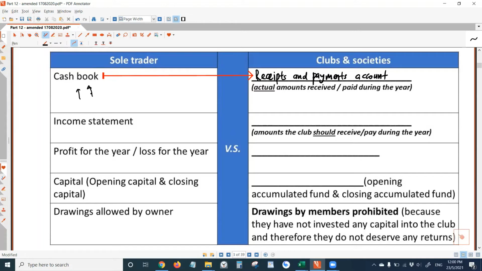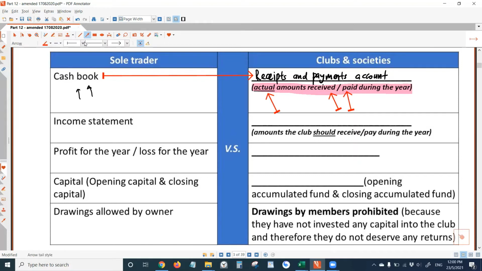You do the same with the receipts and payments account. In other words, you record the amounts you have actually received and paid during the year, just like what you do with the cash book.